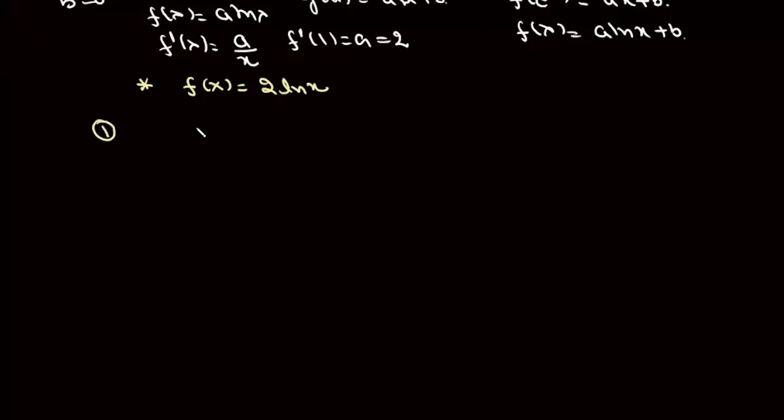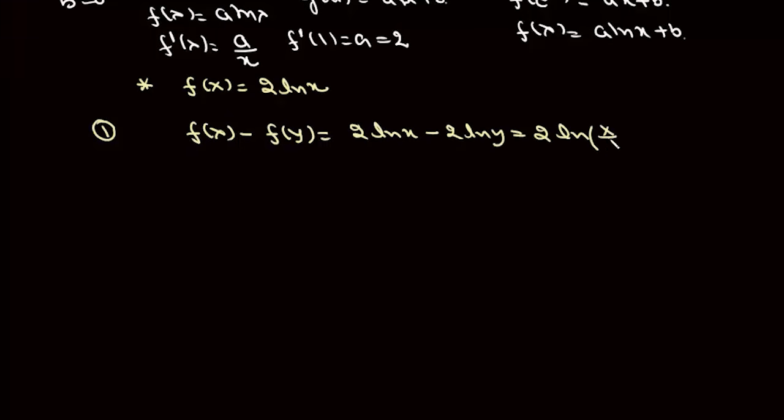Now the first question is, we need to simplify f(x) minus f(y), which is simply 2 log x minus 2 log y, and is 2 log x upon y, which is f(x/y), which was one of the options.